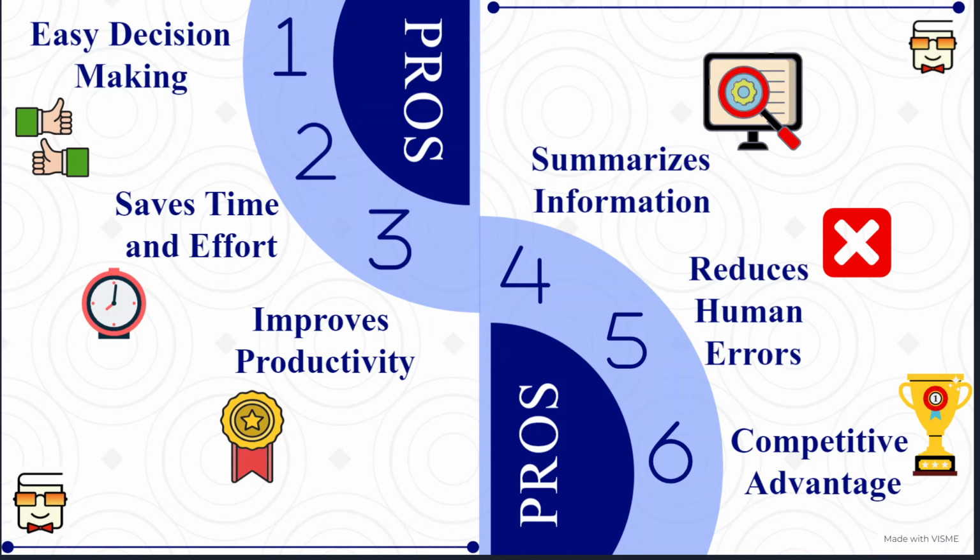So when you have the correct information in hand, you have the correct analysis provided by the MIS, you can take decisions that can help you leap one step forward from your competitors.